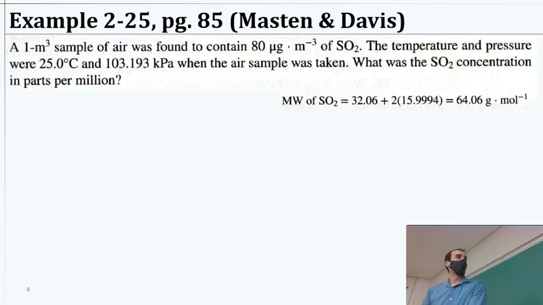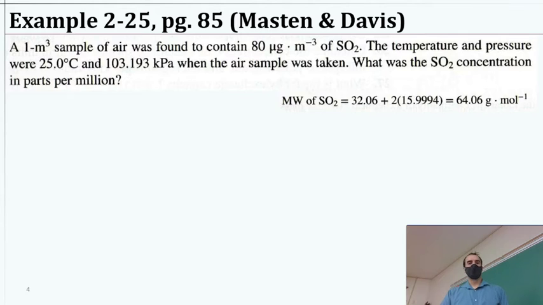Okay, another example here. This one is from our textbook. We have a 1 cubic meter sample of air that was found to contain 80 micrograms per cubic meter of SO2.